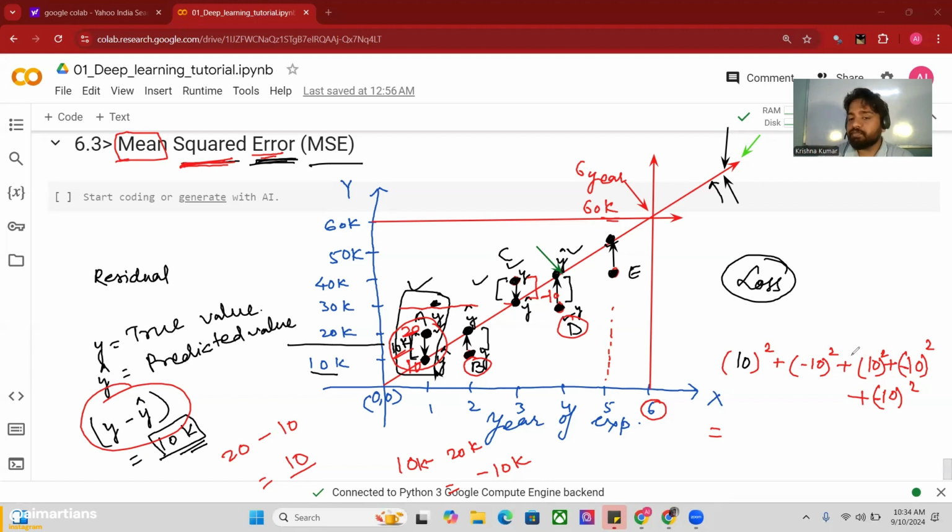Now the thing is, if you calculate the square of all the values, you will always get positive values, because minus minus will become positive and it will become 100. This one will become 100, and this one will also become 100. The last one will also become 100. The minus will convert to plus because minus into minus gives us plus, right?